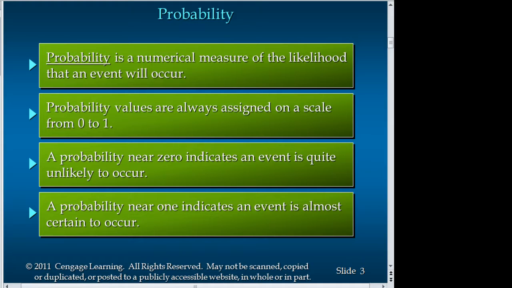Okay, so probability is a numerical measure. Numerical measure simply means it's a number of likelihood that an event will occur. Something like this: if you flip a coin, what's the probability that you're going to get a head?